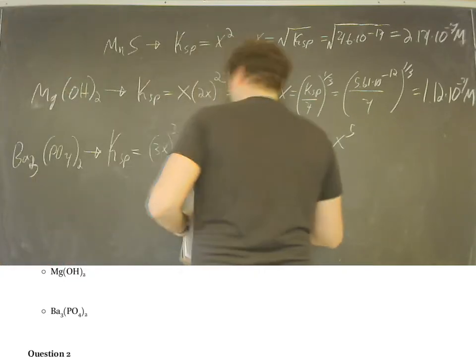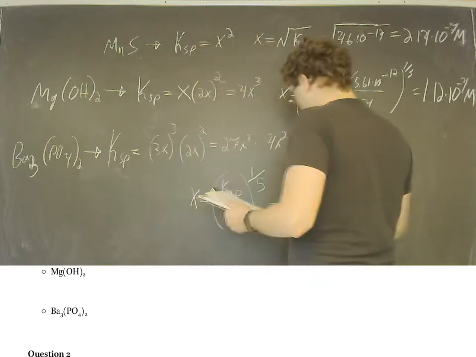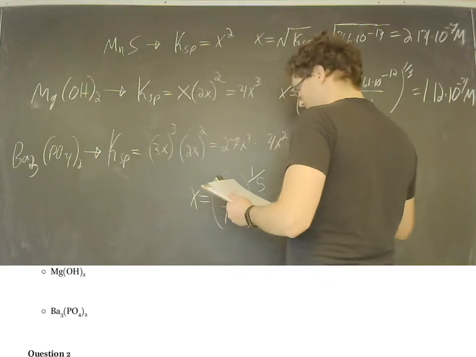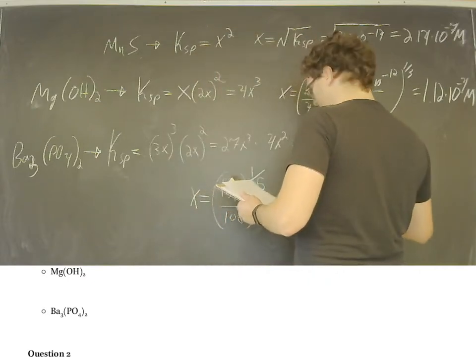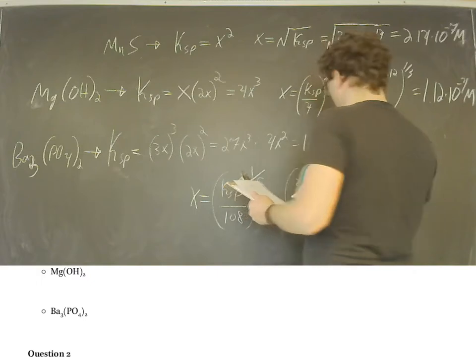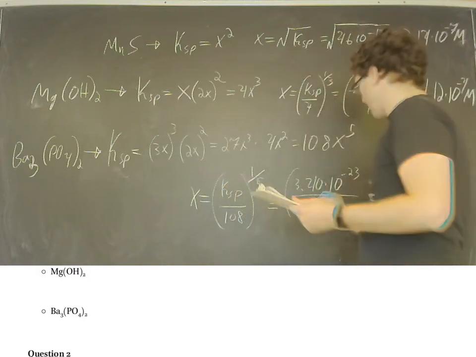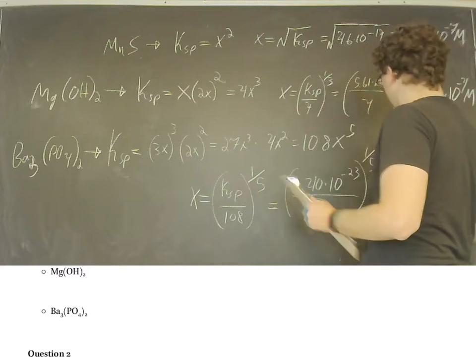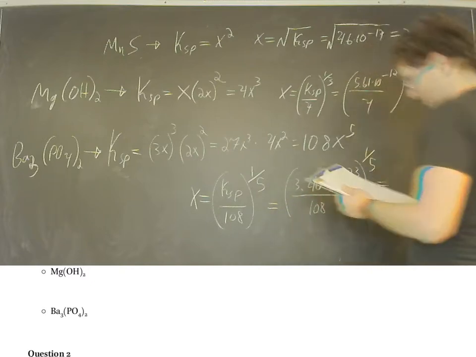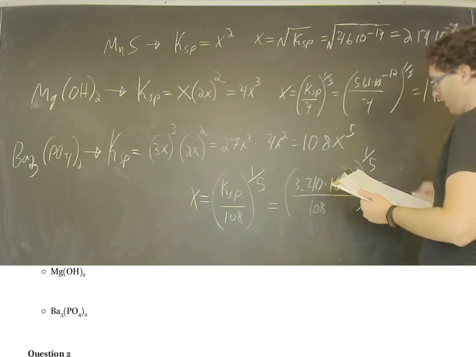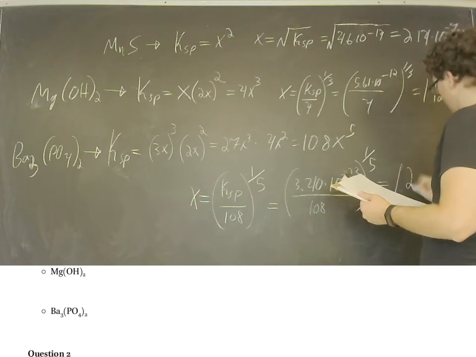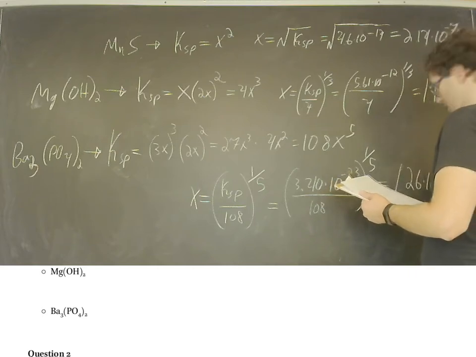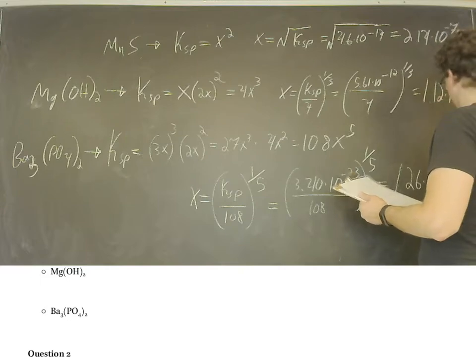The KSP for the barium phosphate is 3.40 times 10 to the negative 23rd. We'll divide that by 108 and take a 5th root, and that'll equal a molar solubility of 1.26 times 10 to the negative 5th molar.